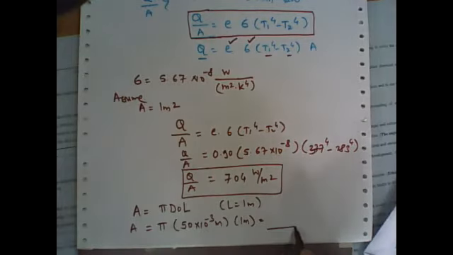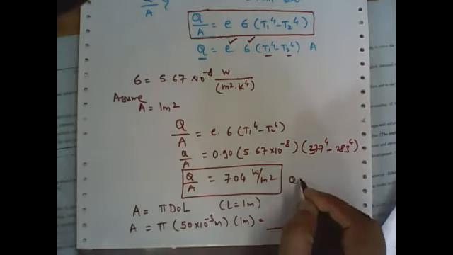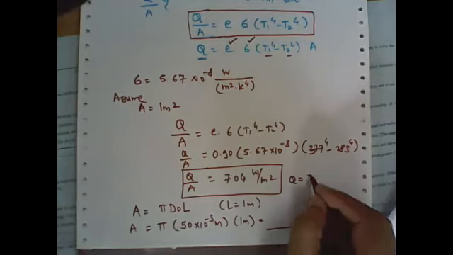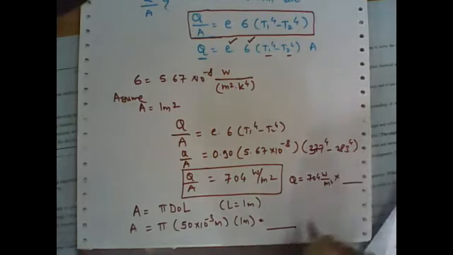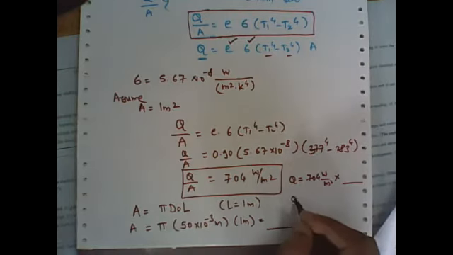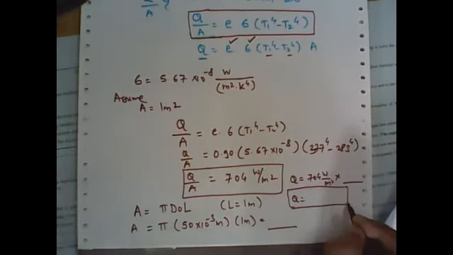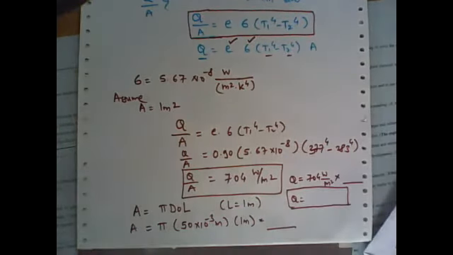So on the basis of these calculations, area can be calculated, and then we can calculate this Q value, that is 704 watt per meter square into this area value. So you can calculate this Q, that is the rate of heat transfer, in watt instead of watt per meter square.